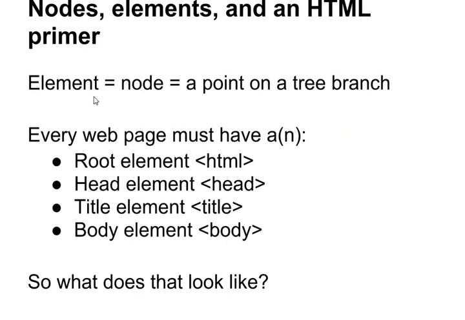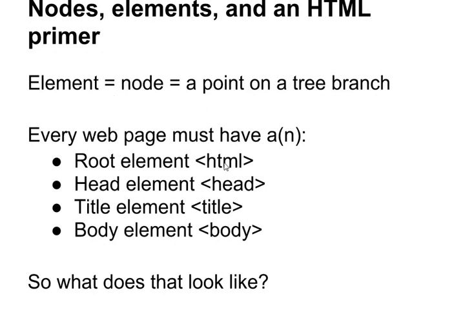You're going to hear them referred to as different names. Some people call them elements, some people call them nodes, which basically means a point on the tree branch. Don't really need to remember that stuff. If you hear about it, don't be confused. They have different names depending on the context in which you're speaking about them.